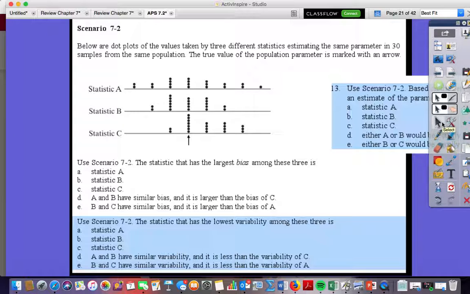The answer would be E, because both of these have similar spread, similar deviations from the mean. Yes, John Michael. But C is noticeably larger than B. B is equal on both sides, but C, you can see the differences on both sides.